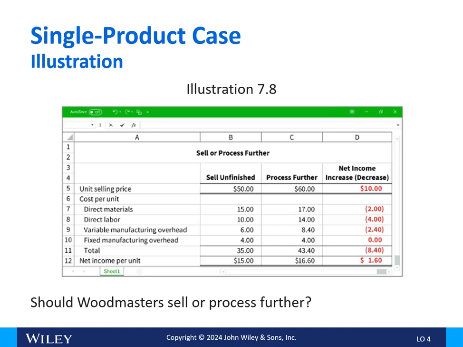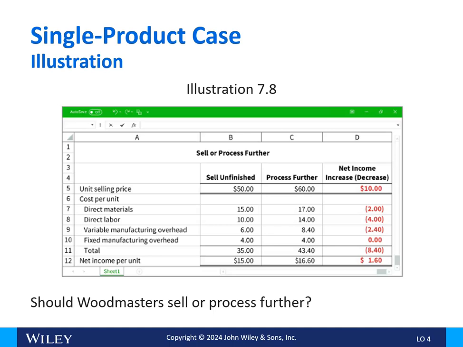If we process further, $60 is the selling price. Direct materials will increase by $2 to $17. Direct labor increases $4 to $14. Variable manufacturing overhead increases $2.40 to $8.40. Fixed manufacturing overhead stays the same. So we have total cost of $43.40.